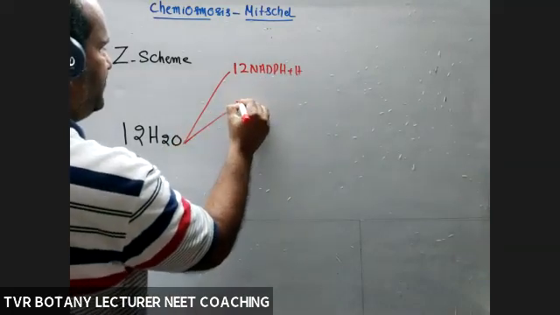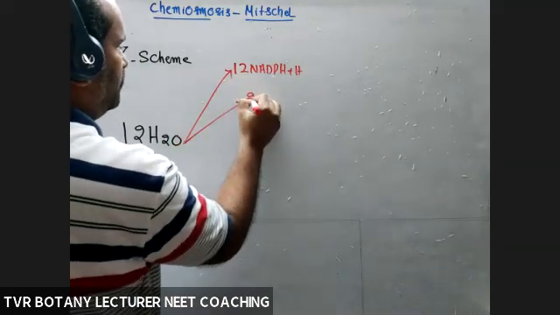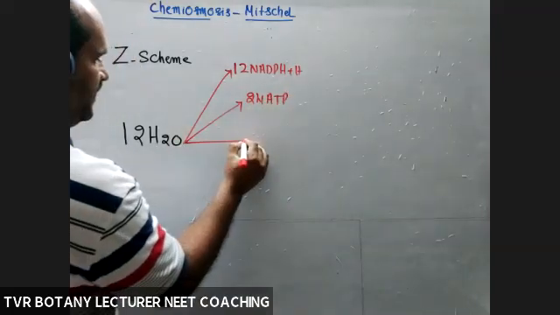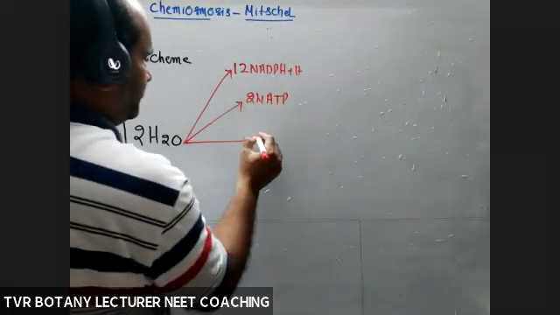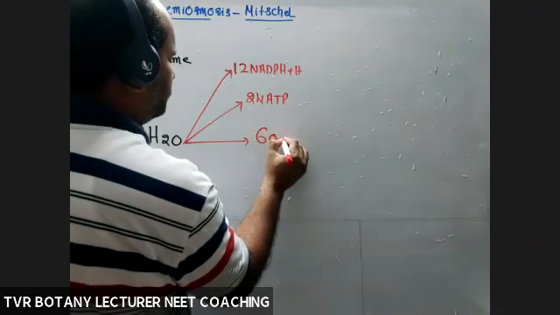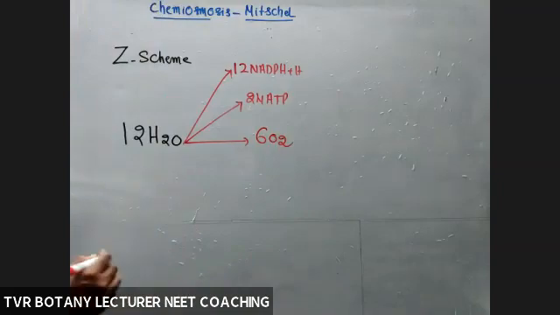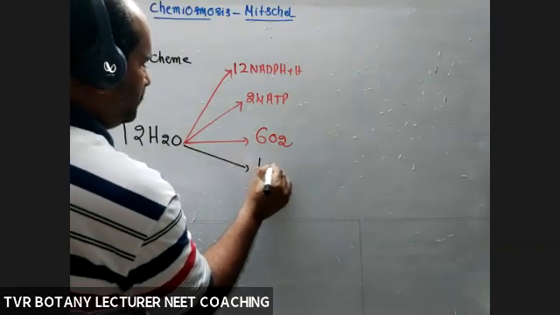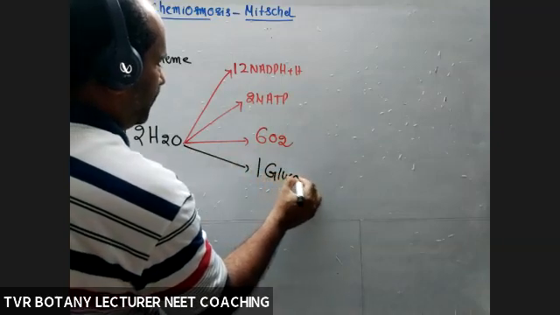And how many ATP molecules? 24 ATP molecules. And what about the number of oxygen molecules? 6 O2, or 12 half O2s. From that, how many glucose molecules are produced? One glucose molecule.